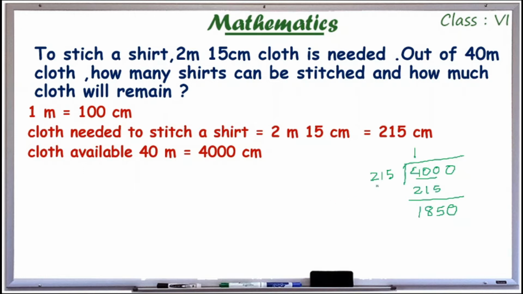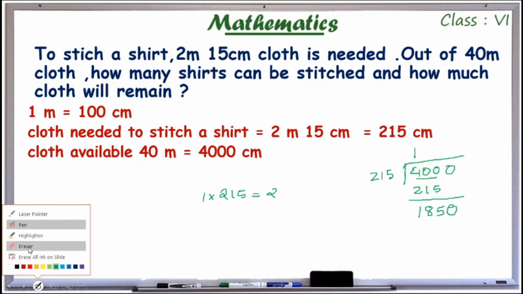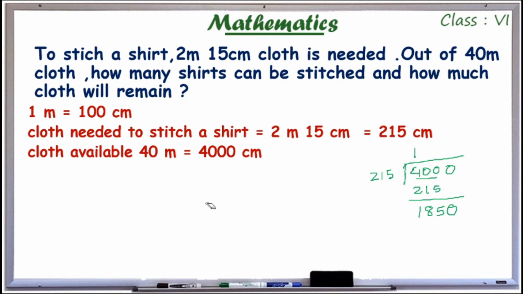Now check for the table of 215. I will get 1 into 215 is equal to 215 out of 1850. How many 215s are there? I have to check. 215 into 6 is equal to 1290, which is less than 1850.